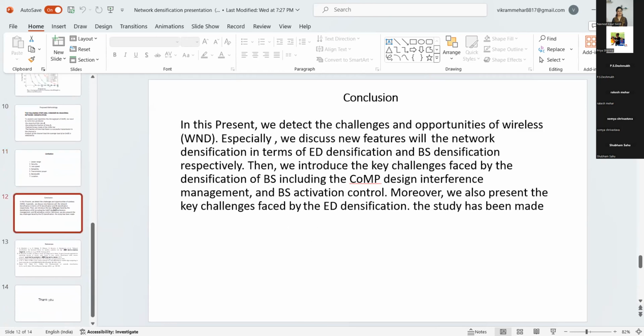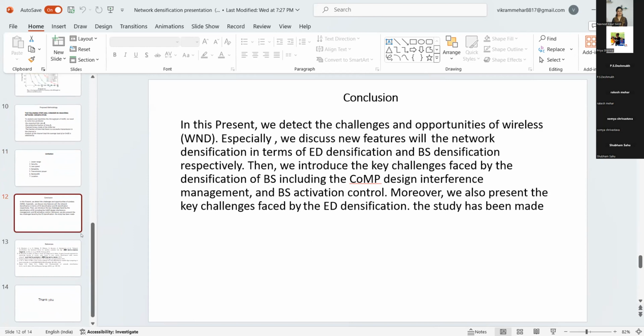To conclude, the last point is the conclusions. We detect the challenges and opportunities of wireless networks. Especially, we discuss new features of network densification in terms of ED densification and base station densification respectively.